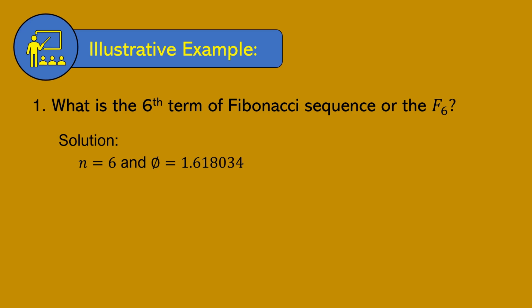In the golden ratio formula, you only need n, which is 6, and the phi, which is already a constant, 1.618034.